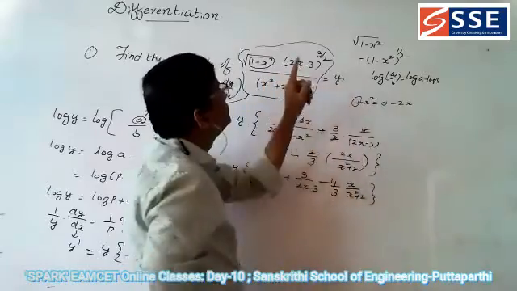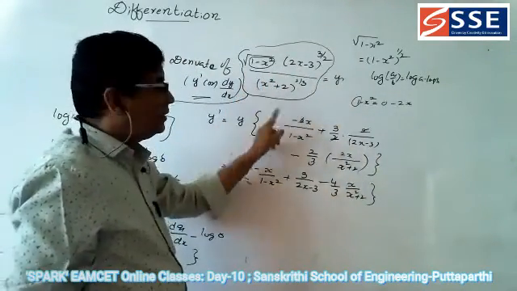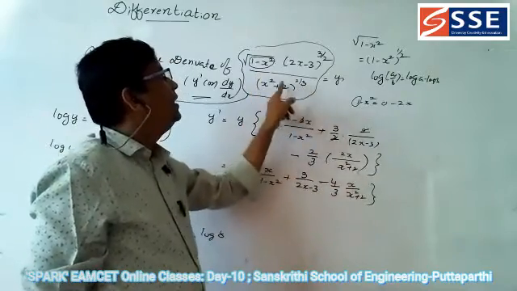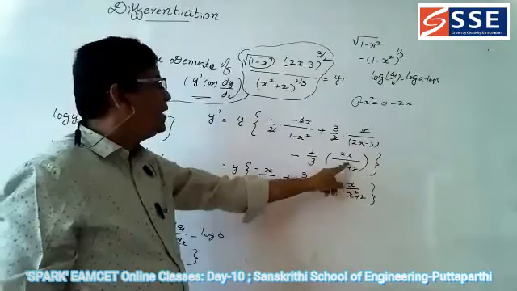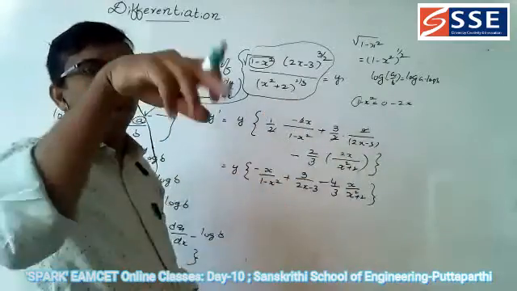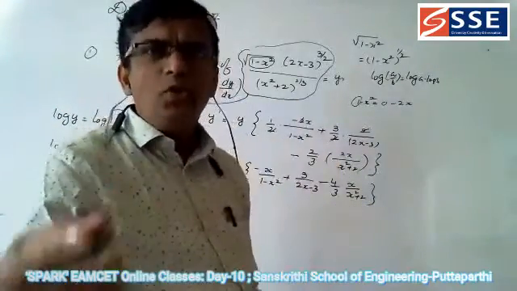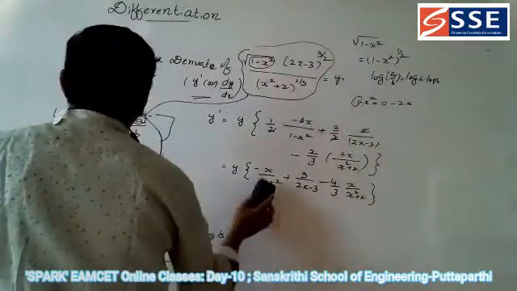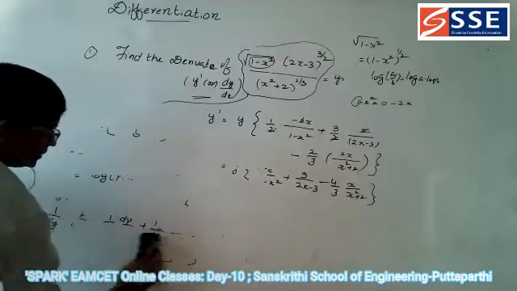Minus, so 2 by 3 you bring in front and write this as a denominator, x square plus 2, and differentiate the term. The differentiation of x square is equal to 2x. The differentiation of a constant is 0. So like this you are going to do it. I am just doing two more questions for you, the same typical problems, so then you can understand the concept somewhat more clearly.